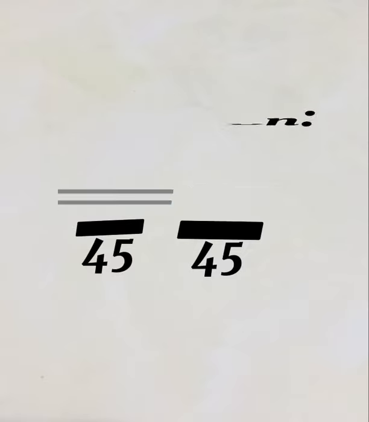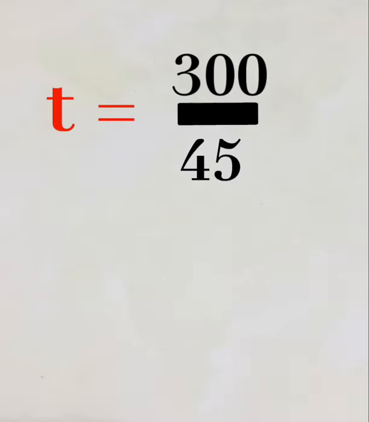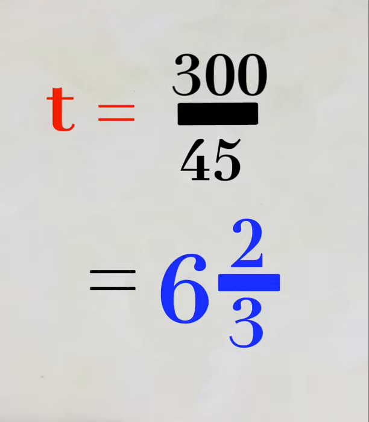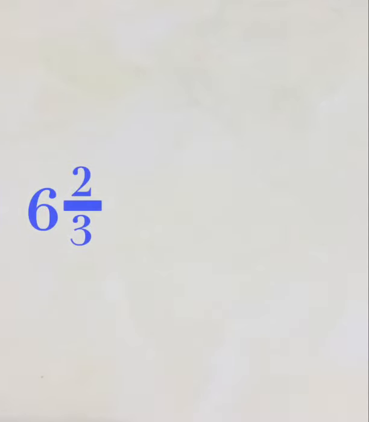After that, we have t is equal to 300 divided by 45. And 300 divided by 45 is equal to 6 2/3. So now we have the value for t, which is 6 2/3 hours.